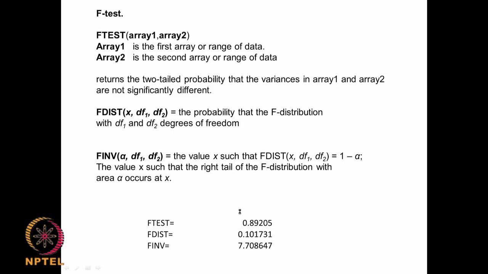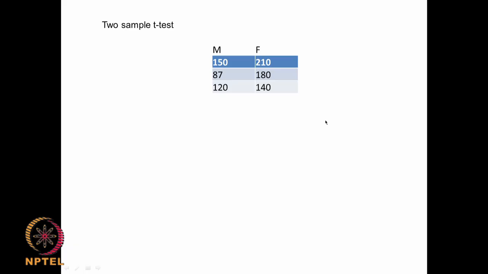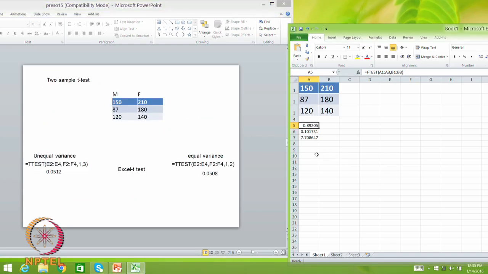Now we can also do it by a 2 sample t-test. So we have one data set and another data set, so can we do it by a 2 sample t-test? You all know the T-test. So data set 1 comma data set 2 comma, whether it is 1 tail or 2 tail.